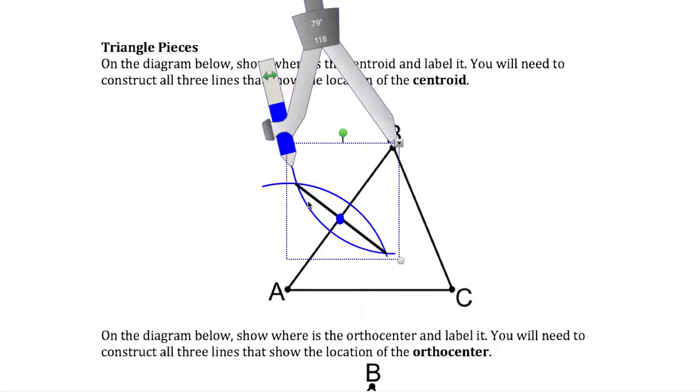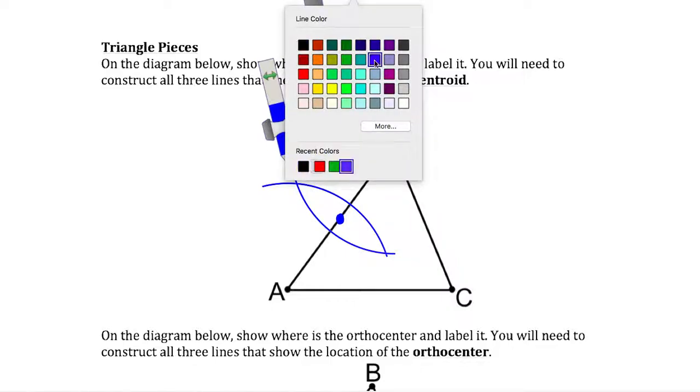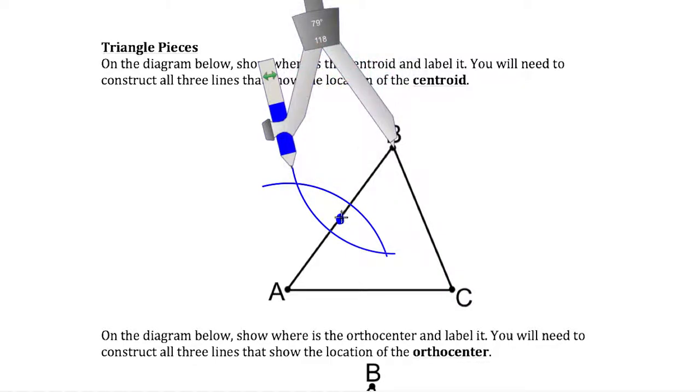And if I get rid of all of these, if I get rid of this line there, I can see that's my midpoint. So that must mean that the median goes from that midpoint to the opposite vertex. And so I want to do that with all of the others as well.